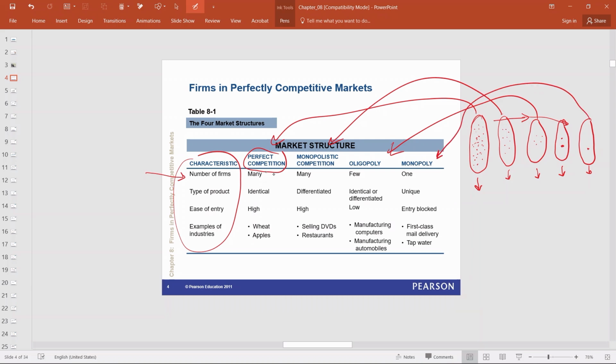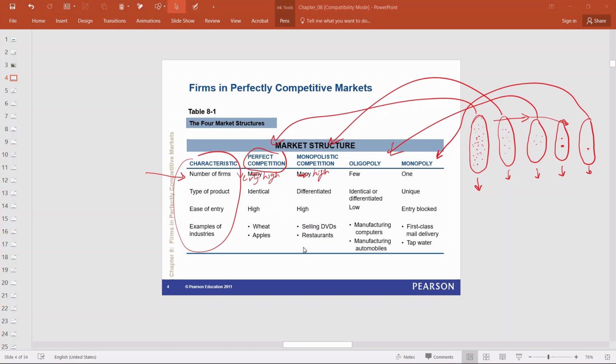So in perfect competition, we have a very high number of sellers. And in monopolistic competition, we have a high number of sellers.